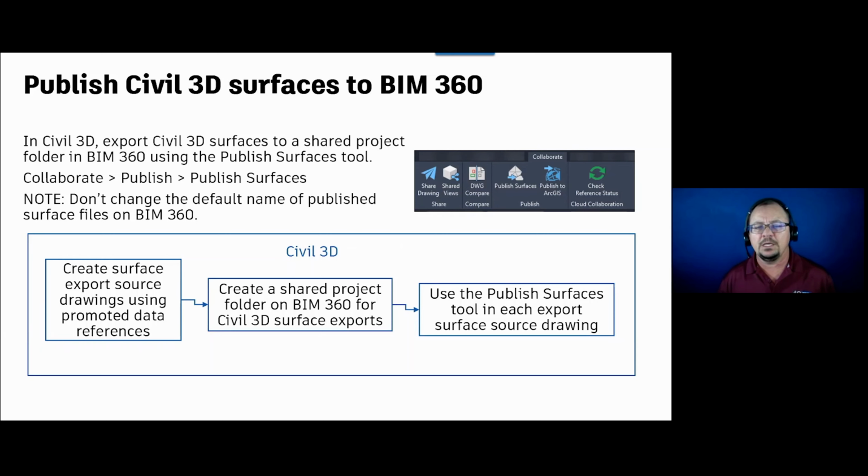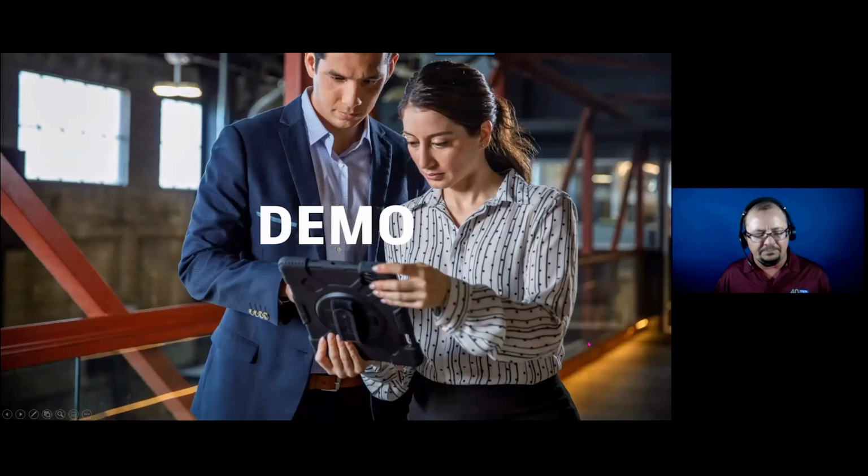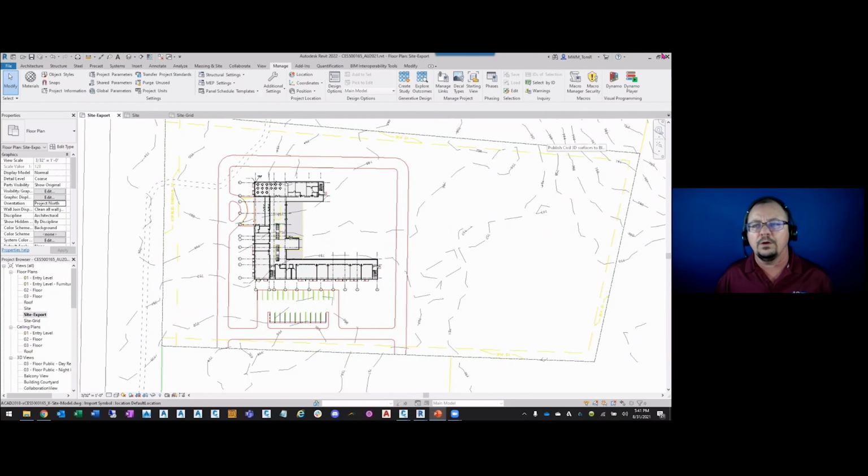So that's the next step, is make sure that I have that shared project folder. And the third part of the process is use the Publish Surfaces tool for each of the export surface source drawings. So when you see the demo on this, I think it'll make a little bit more sense.